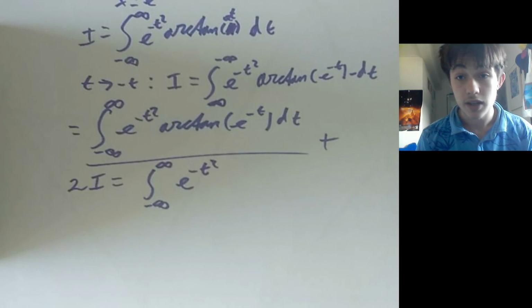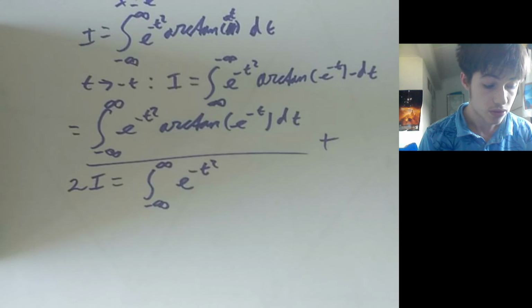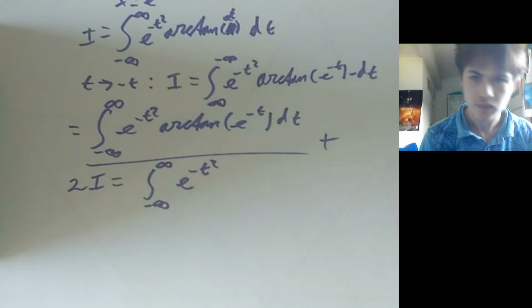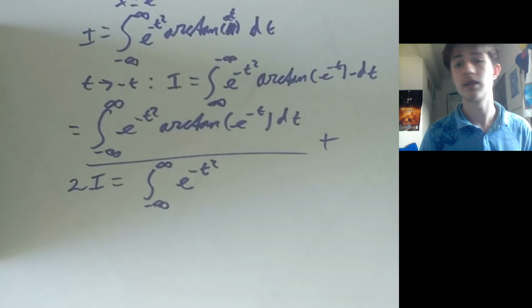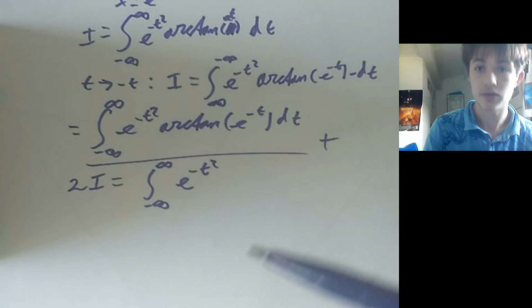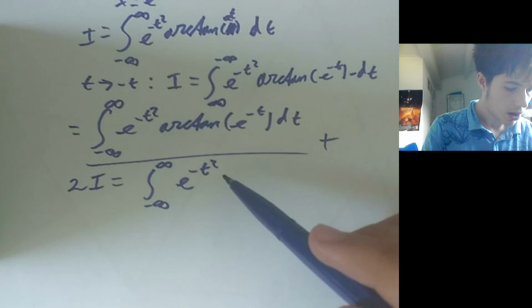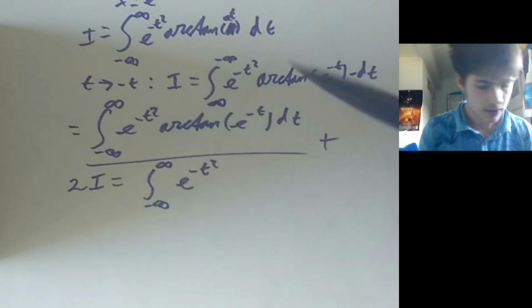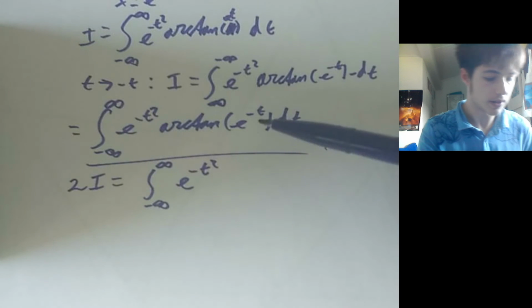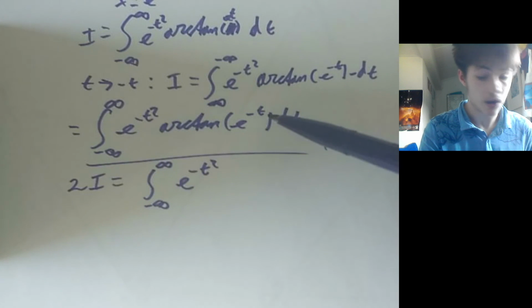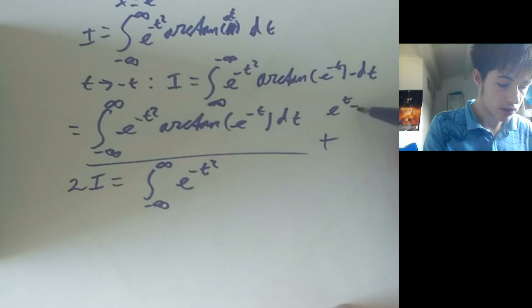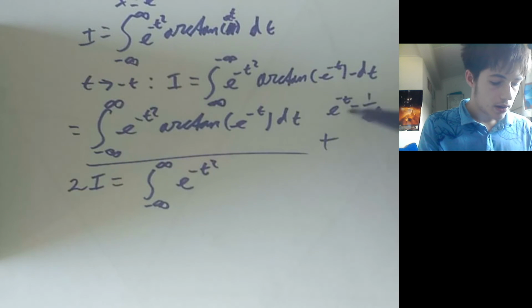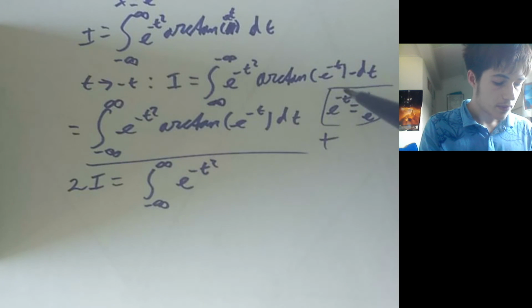But remember that when you apply the tangent to something that is 1 over something, that's actually pi halves minus the tangent of the thing you started with, and so you can use that identity to show that the inverse tangent of something added with the inverse tangent of 1 over that something, and of course e to the negative t is 1 over e to the t.